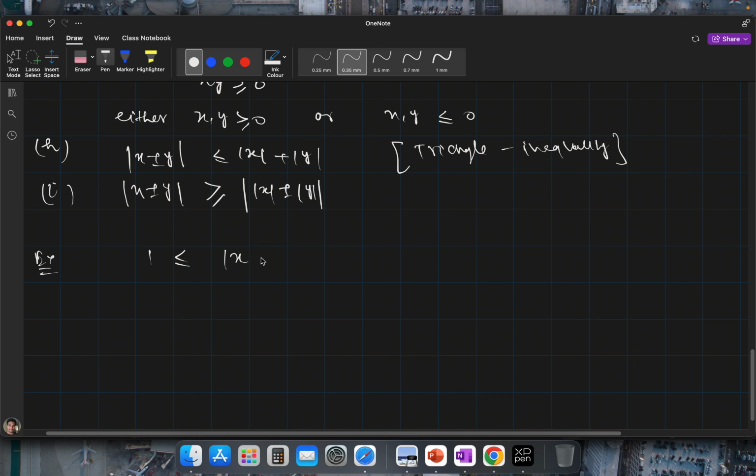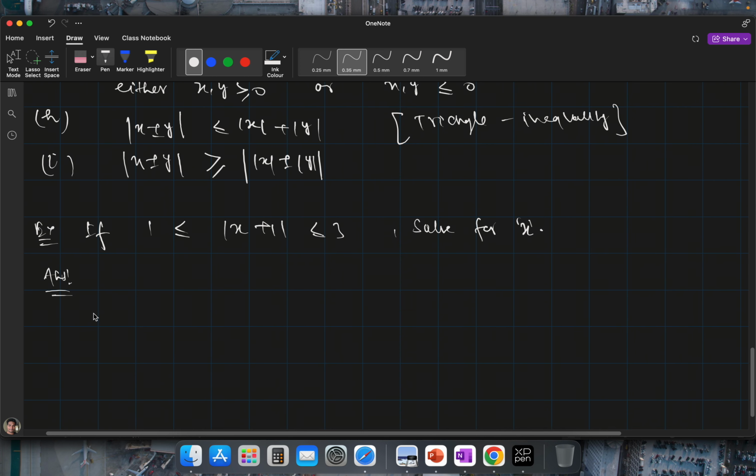Suppose I have an inequality like this, and I have a question: solve for x. Solve this very quickly.